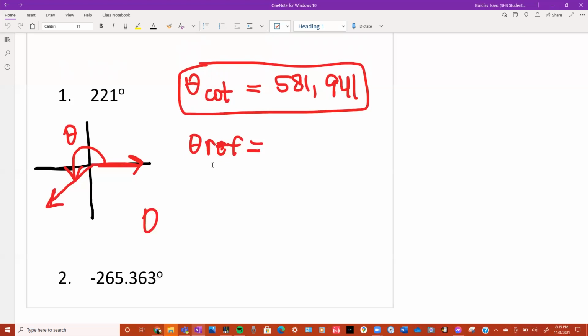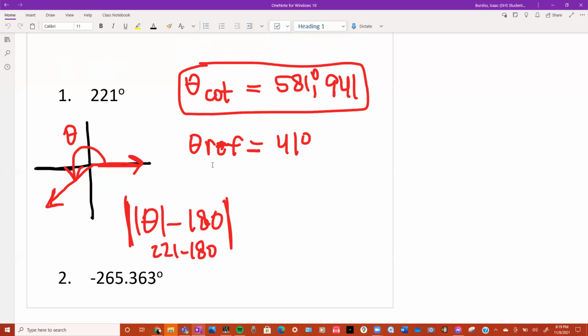The angle measure, we have to make it positive if it isn't already, and make the whole thing positive when you subtract it. The angle is positive already, 221. 221 minus 180 is going to be a positive number, so we don't really have to worry about the absolute value right now. 221 minus 180 is 41 degrees. Forgot to put our degrees on there. So our reference angle is 41 degrees. Okay.